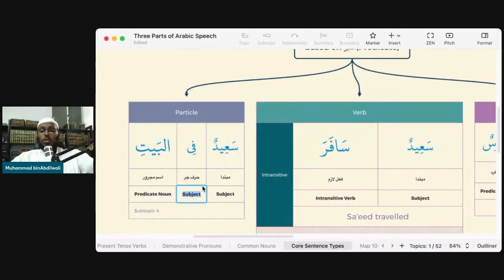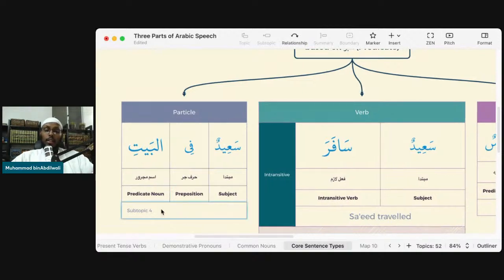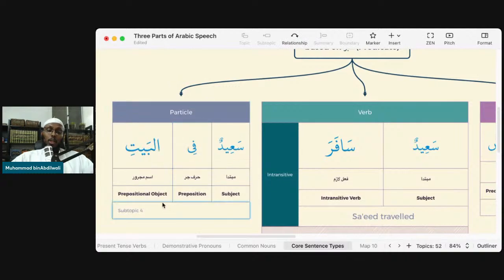So this we call a preposition. And this would be the object of that preposition. Prepositional object. In Arabic, it's called ism majroor. Don't be intimidated by the English words. In Arabic, it's called ism majroor. In other words, it's the word that comes after the preposition.